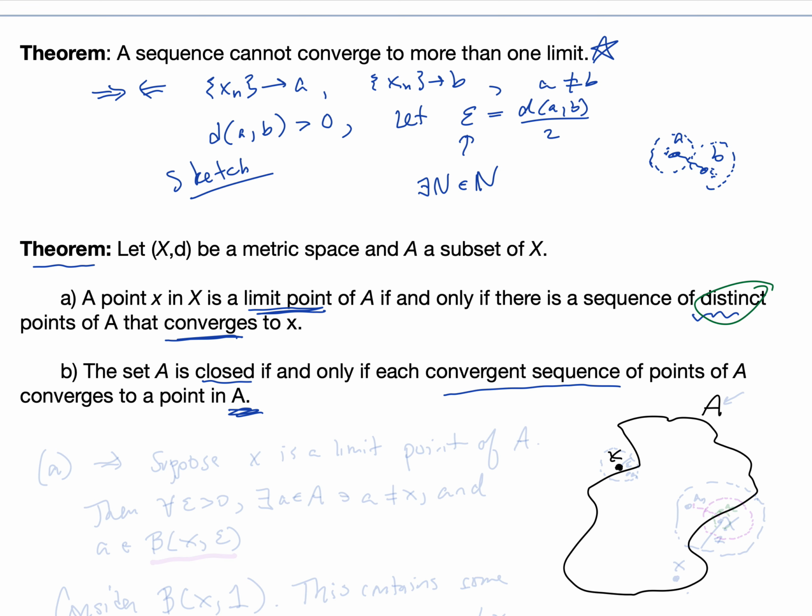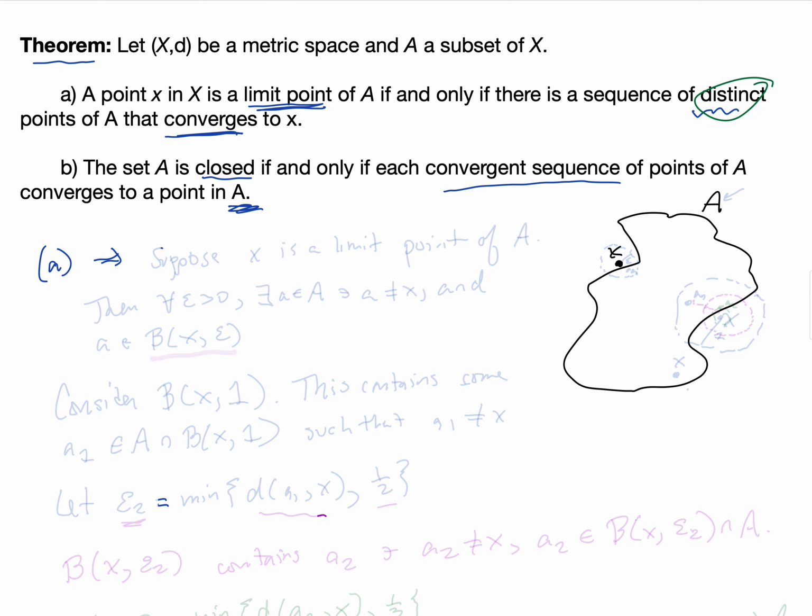So let's now think about the proof of these pieces. All right, let's start by proving part (a), in the forward direction first. Suppose that x is a limit point of A, and we want to show that there is some sequence of distinct points of A that converges to x.